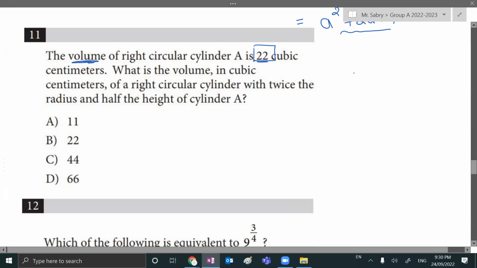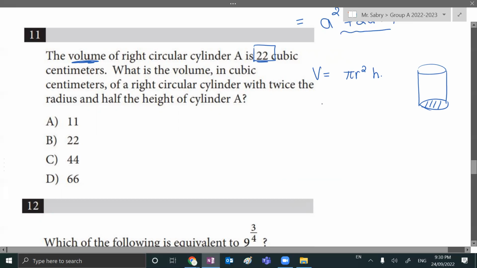It's pi r squared times the height. Perfect. The area of the base, multiplied by the height. This is the volume. ده اللي احنا خدناه. So if I have a cylinder, I'll get the area of the base and multiply that by the height, and I have everything.